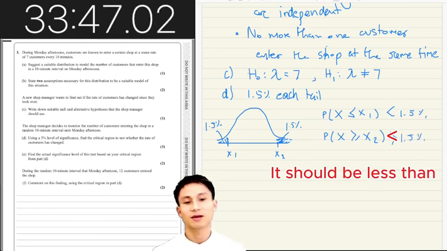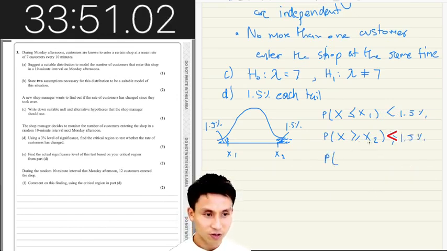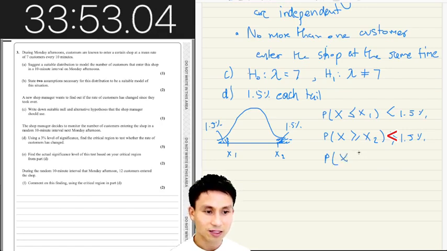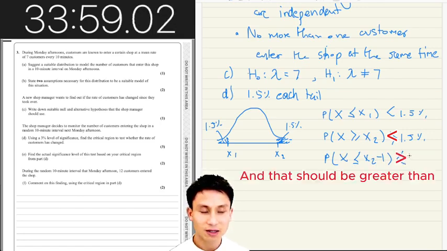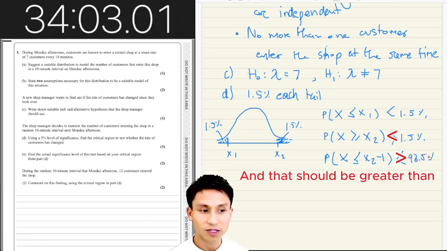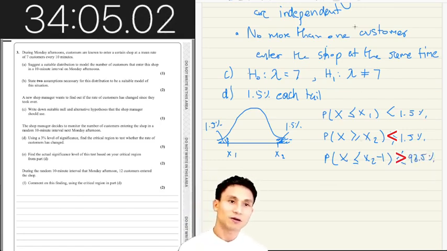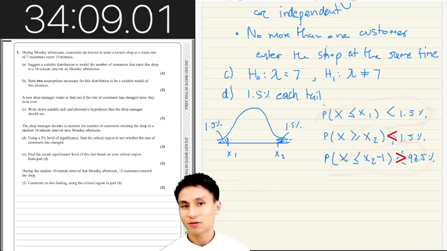So that means, if we derive from x2, the probability that x less than or equal x2 minus 1 would have to be greater than 98.5%, right? Okay, so we are focusing on these two parts, this part and this part, because it's two-tailed.